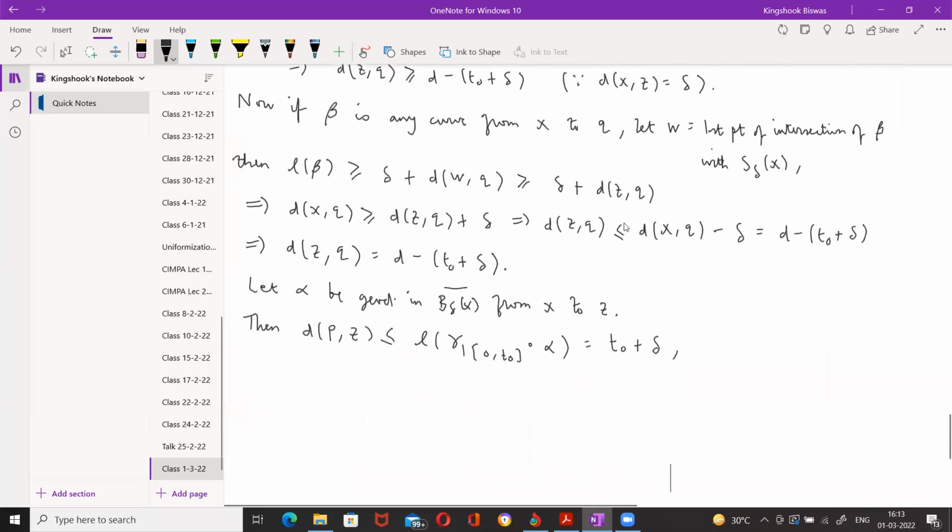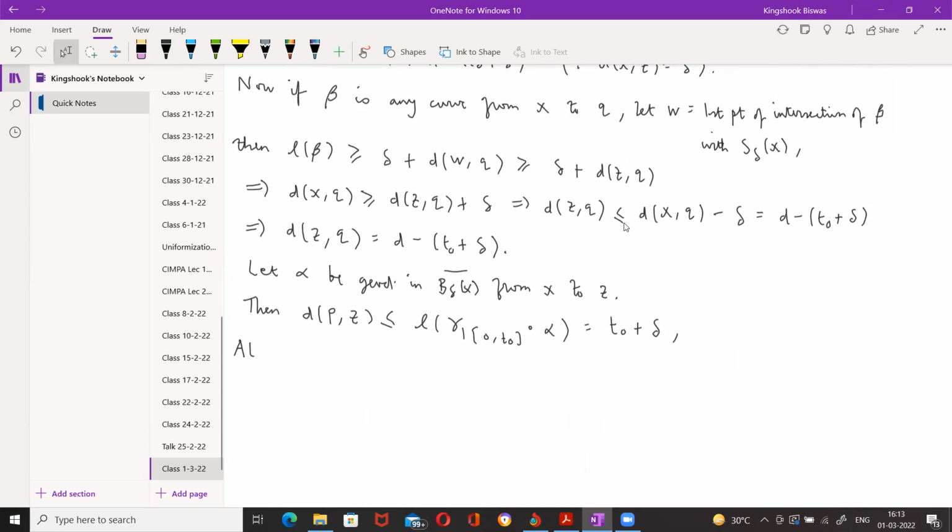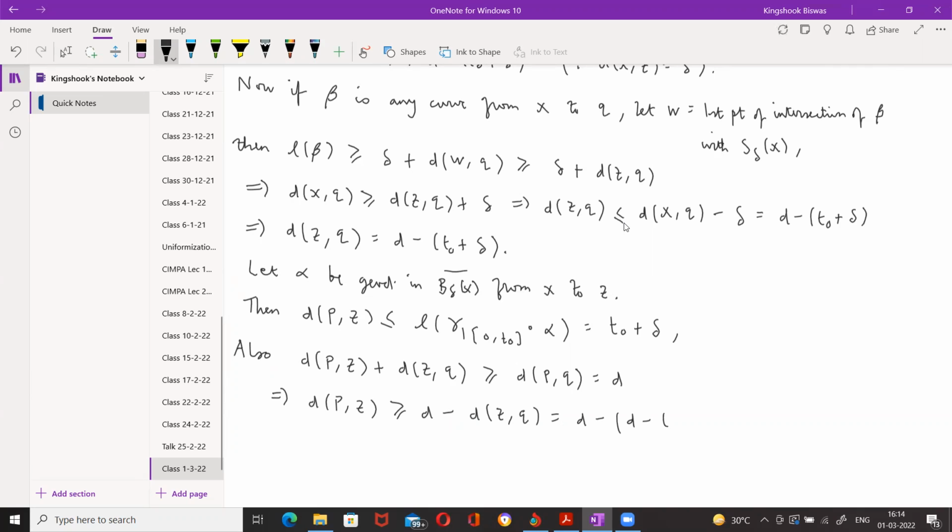On the other hand, also I know that the distance from P to Z plus the distance from Z to Q is greater than or equal to the distance from P to Q, which is D. Okay, but that implies that the distance from P to Z is greater than or equal to D minus the distance from Z to Q. And the distance from Z to Q we already proved is D minus T naught plus delta.